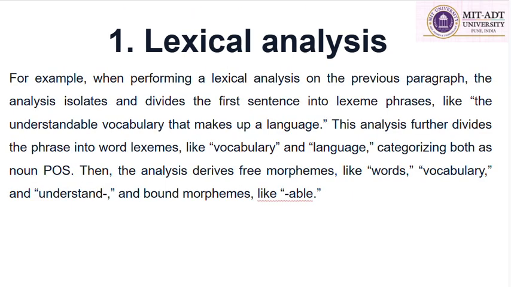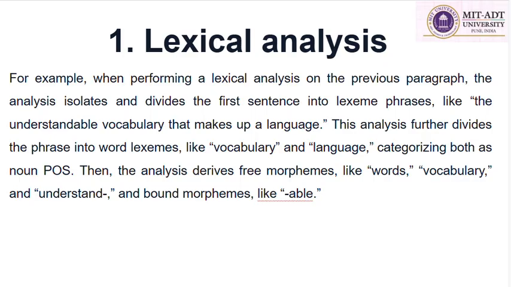For example, take the statement "the understandable vocabulary that makes up the language." In this case, POS tagging must happen to understand the semantics. Before jumping to grammar checking or labeling the tokens as noun or pronoun, you must know which are the actual tokens.